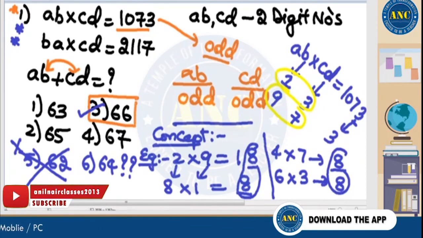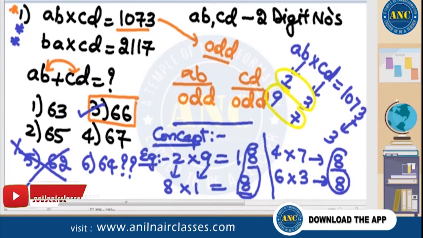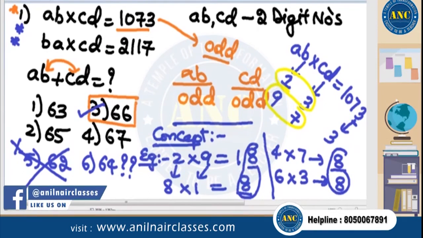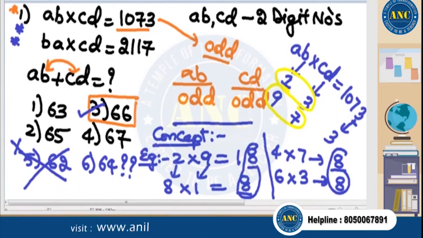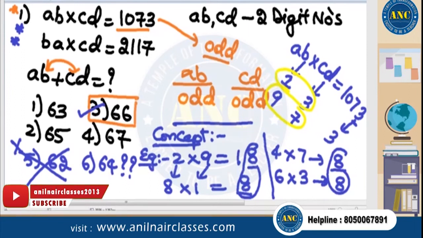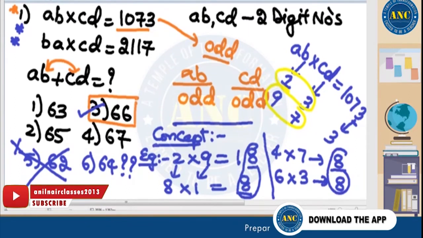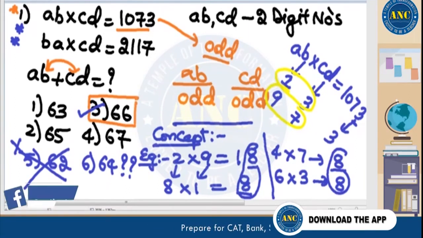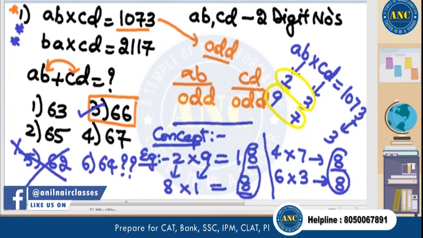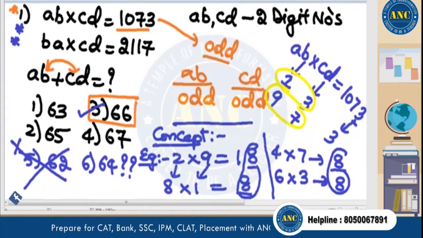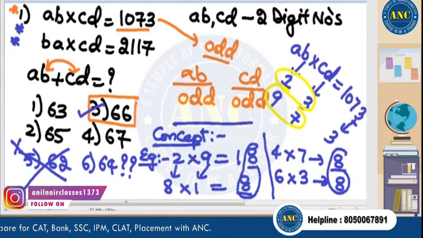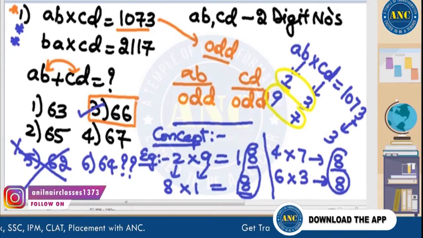Next. I hope it is clear. How did you cancel 62, Rohan? Listen carefully, Rohan. AB into CD is 1073. Unit digit on the right hand side is 3. So this will be 1 3s are 3. 9 7s are 63.